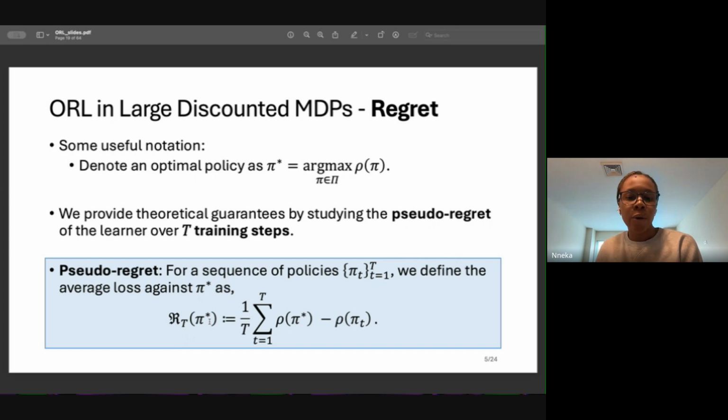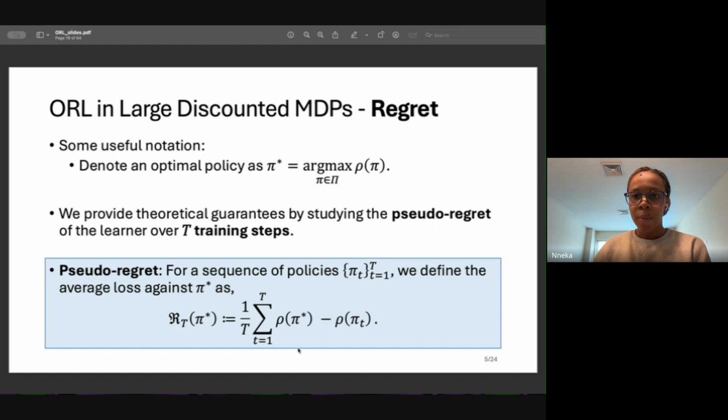So for a learning algorithm which produces a sequence of policies pi 1 to pi T, the pseudo-regret basically measures the average loss of the algorithm in terms of return with respect to pi star. And feel free to ask me any questions in between the talk.